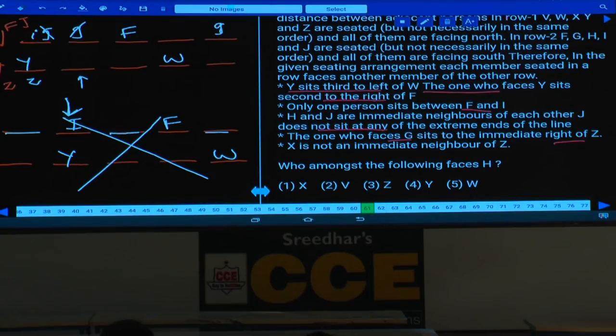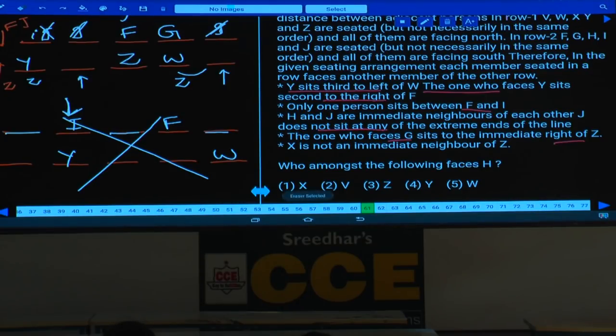If G is here, the one who is facing G is an immediate neighbor of Z. W and Z must be in the same place, which is not possible. G cannot be here. What is the only place left over here? G must be here. If G is here, the one who is facing G, that is W, is seated to the immediate right of Z, so Z must be here.